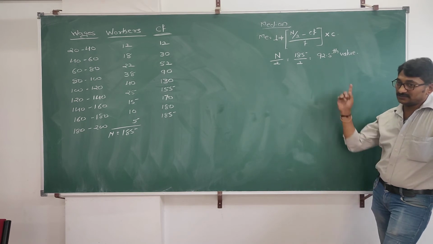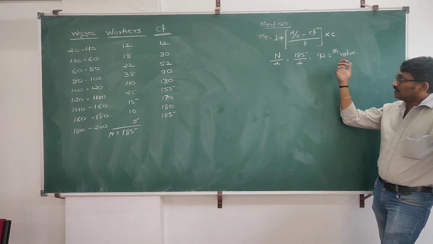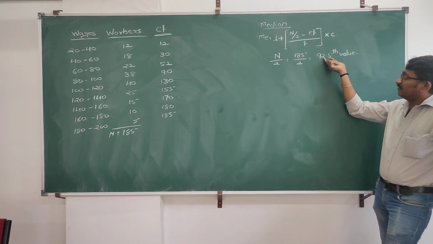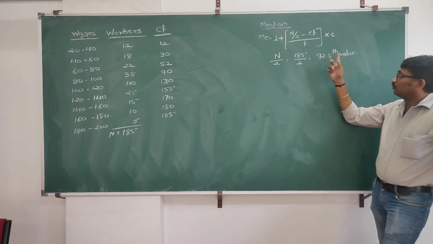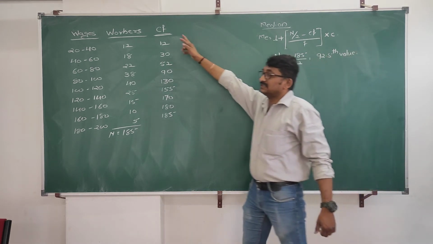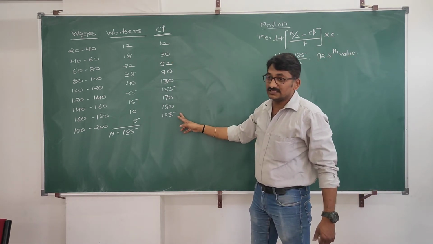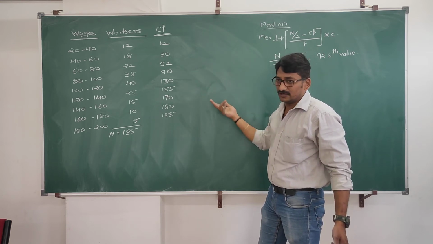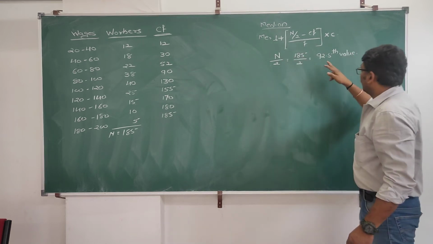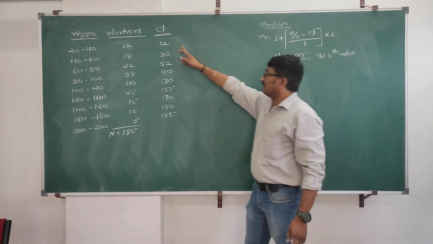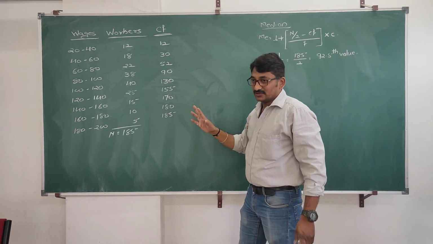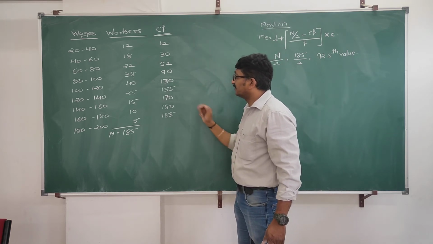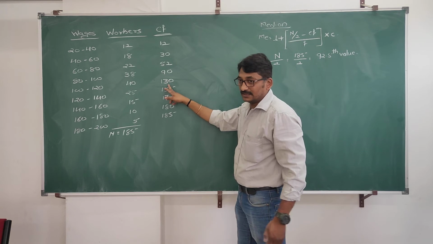Right? Now the procedure is important. Once you know this N upon 2 value, whatever may be the calculated value, you have to check this value in CF column. You may get exact value or may not get exact value, no problem. Here value is 92.5. Exact 92.5 is not there, right? Then check out 92.5 comes under which value? It comes under 130, right?